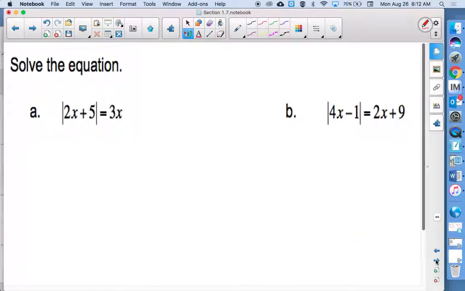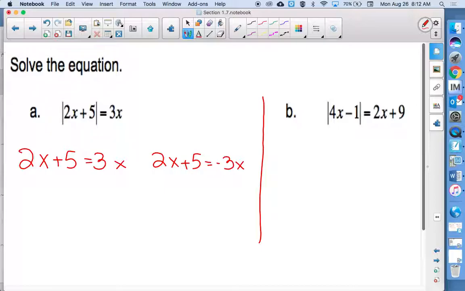So for the last two equations, don't forget to check your answer in these two equations. For the first equation, by splitting them up, you end up getting x to be 5, and then x to be -1.